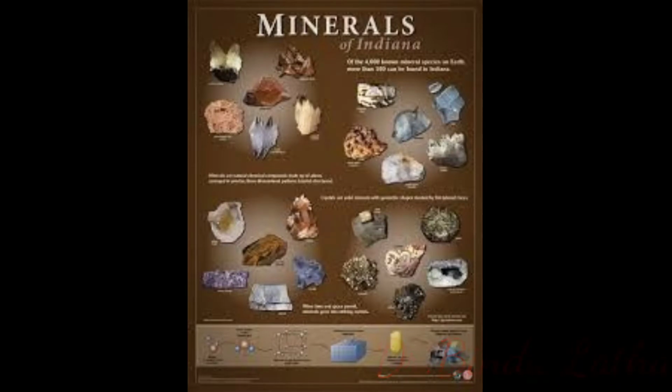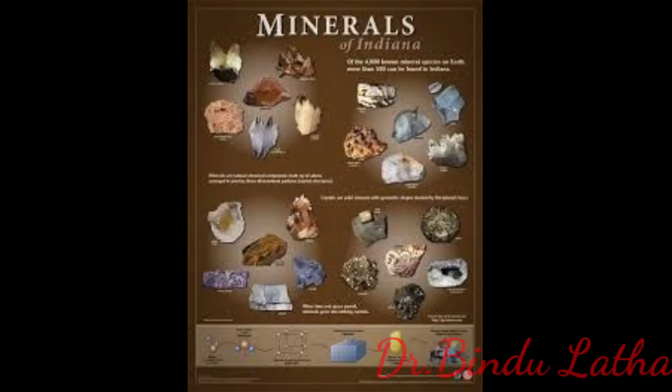Minerals generally occur in different forms: the igneous and metamorphic rocks, the sedimentary rocks, the decomposition of surface rocks, alluvial deposits, and also the ocean water. First of all, we are going to discuss the igneous and metamorphic rocks.